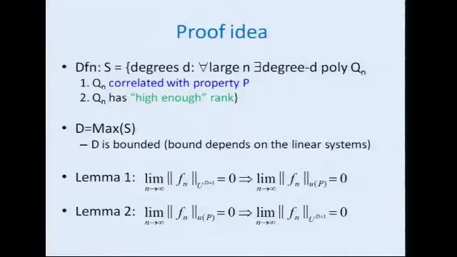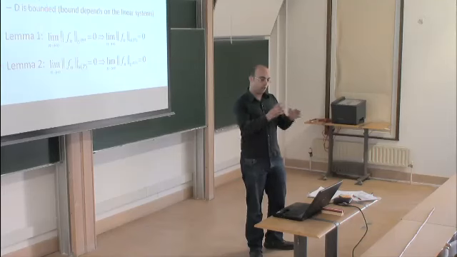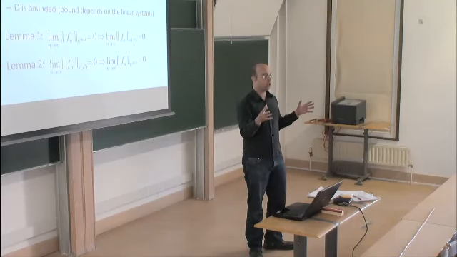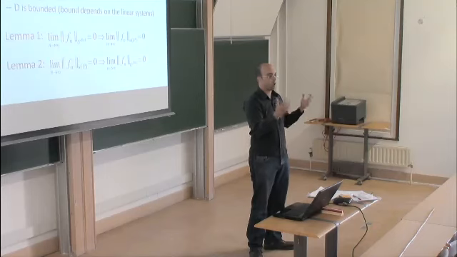We're going to define this set S. Let me explain it. We're looking at the set of all degrees such that I can find polynomials with this degree that on one hand have some correlation with a property, but on the other hand look random enough. Looking random enough will mean having some high enough rank, which I'll define in a bit. A polynomial has high rank if you cannot write it as a function of a small number of lower degree polynomials.